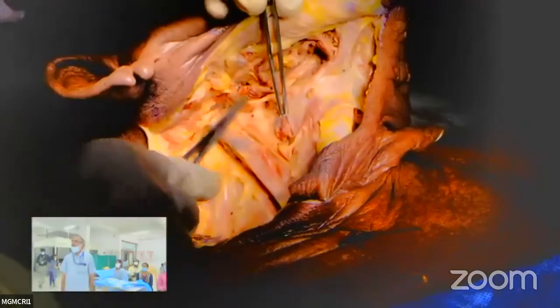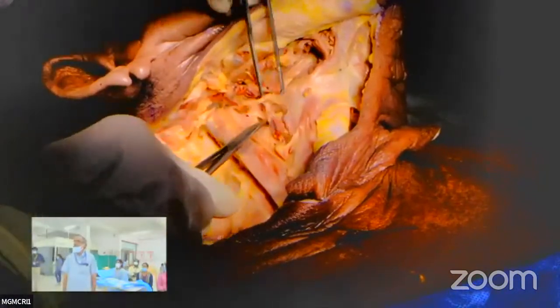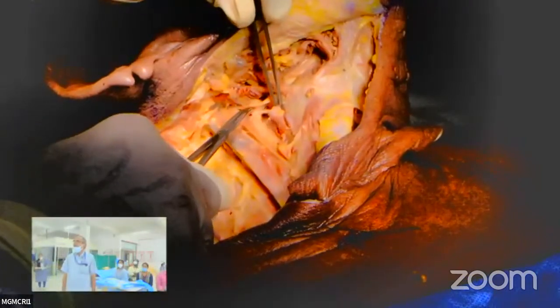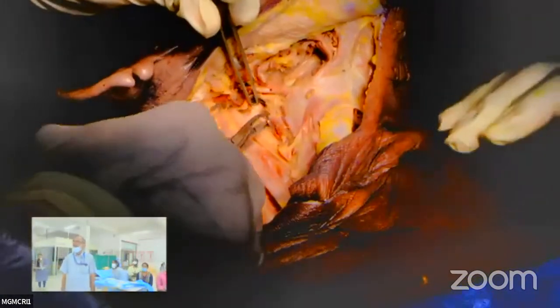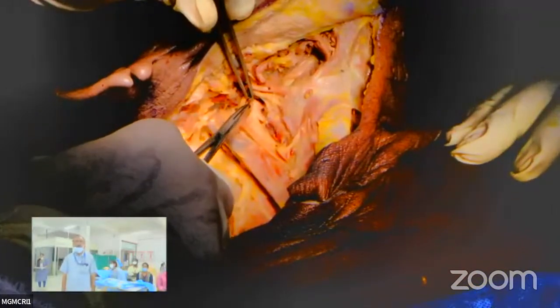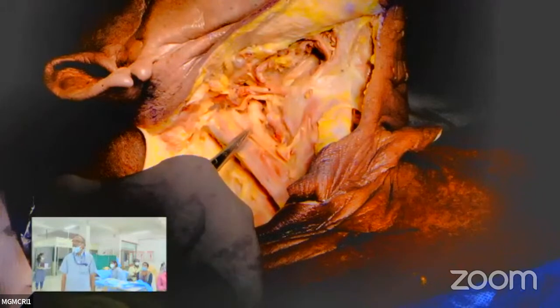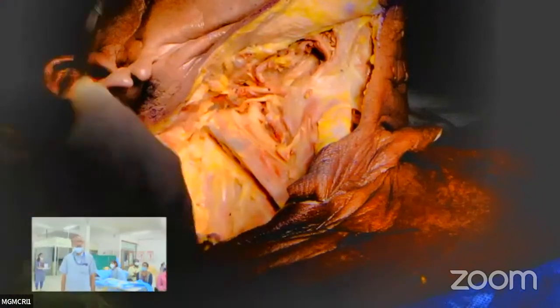Similarly, whenever you ligate the external carotid, never ligate it bang close to the bifurcation. Always leave the superior thyroid artery and ligate above it, because a retrograde thrombus can enter the internal carotid artery and cause stroke.